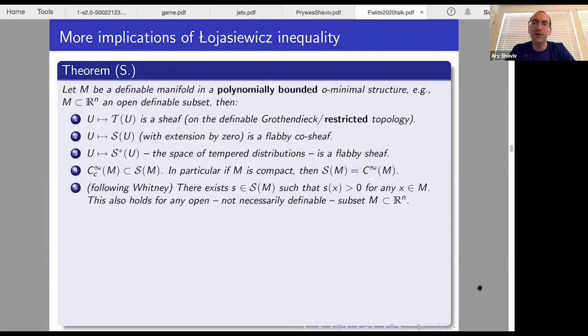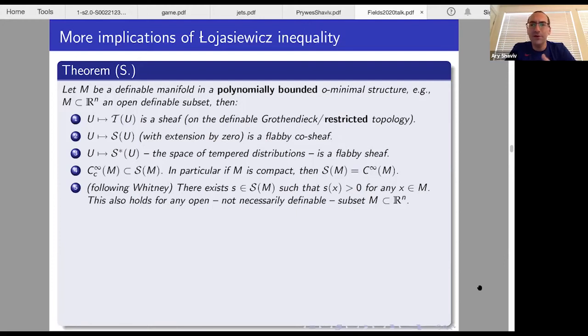You can always find a Schwartz function that is positive everywhere. So no matter how bad your boundary is, maybe your boundary is of Hausdorff dimension almost 2, and you live in R2, still you can find a function that is positive everywhere. So your boundary, even if it's really bad, can't force you to be identically 0 as you approach it.